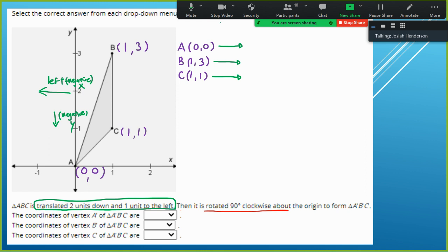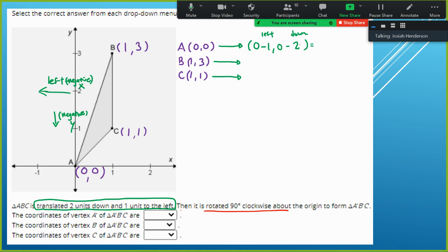So let's do this with A, 0, 0. So if I am at 0, 0, I'm going to write it out with some space like this. But I go left 1 unit, that's -1 unit. That's my left 1. And then it also says 2 down, so I'm going to go -2. That's where the down is coming into play.